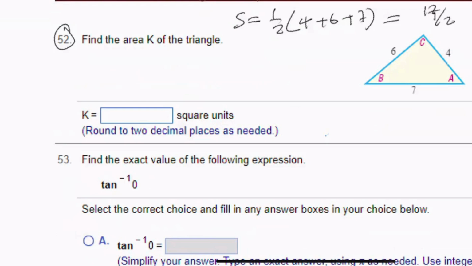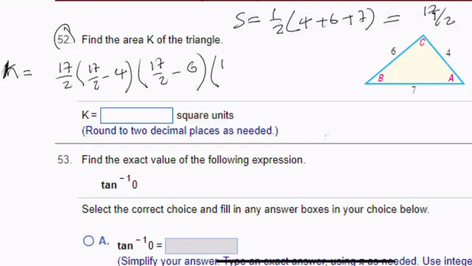So the area, denoted by K, is the square root of 17 over 2 times 17 over 2 minus 4 times 17 over 2 minus 6 times 17 over 2 minus 7, all under the square root.